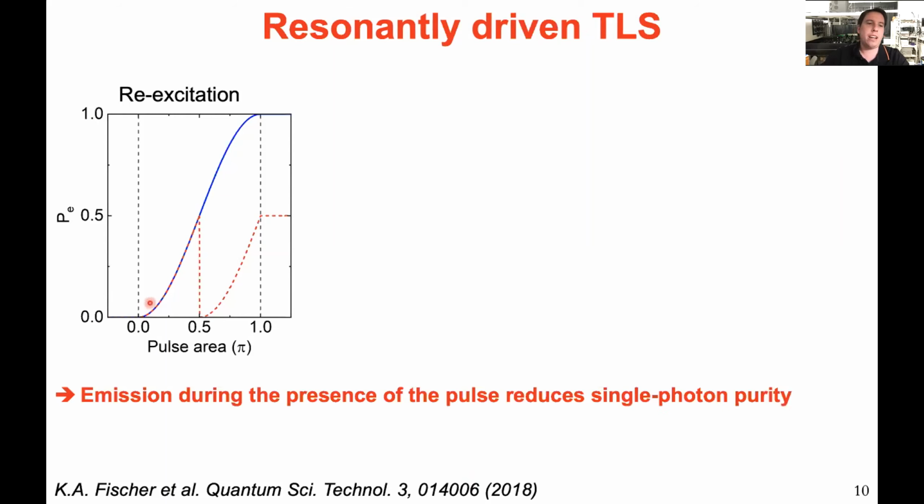So if you now have an excitation pulse here in blue that drives your system from the ground state to the excited state, the system is prepared and can emit a single photon. However, since the excitation pulse is not negligibly short compared to the lifetime of the two-level system, it can be that while this pulse is there, the system already emits a photon, restarting the Rabi oscillation.